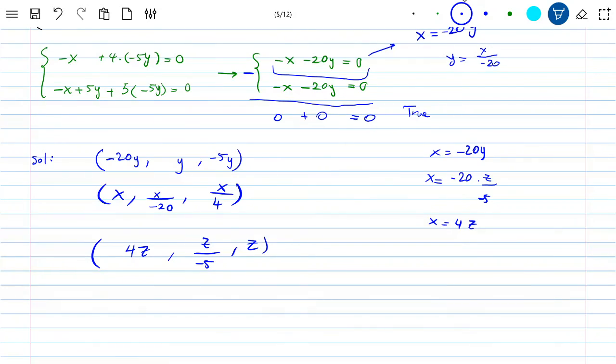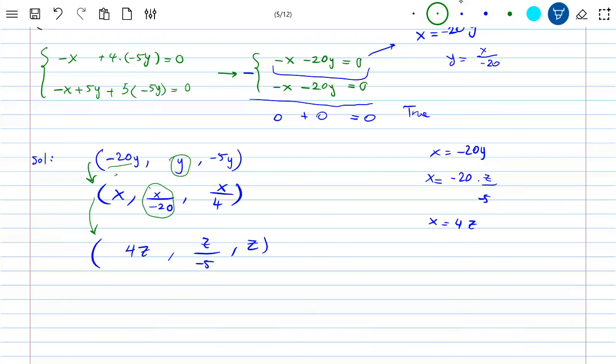If you notice, here's what you should notice. From one equation to the other, it just looks like rescaling. If I know y equals that, then I just rescaled everything by negative 20.